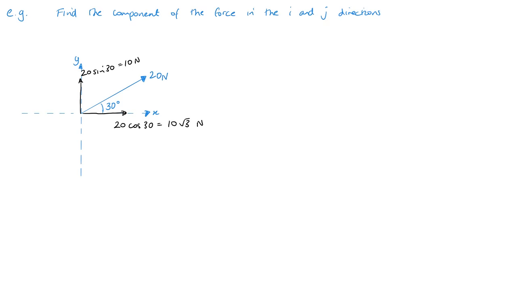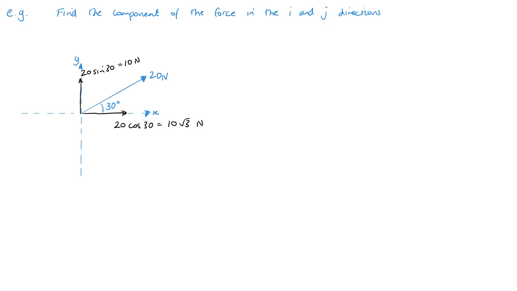So this component of the 20 newtons means that this force is effectively acting at 10 root 3 newtons horizontally, which is around 17 newtons, and then 10 newtons vertically.